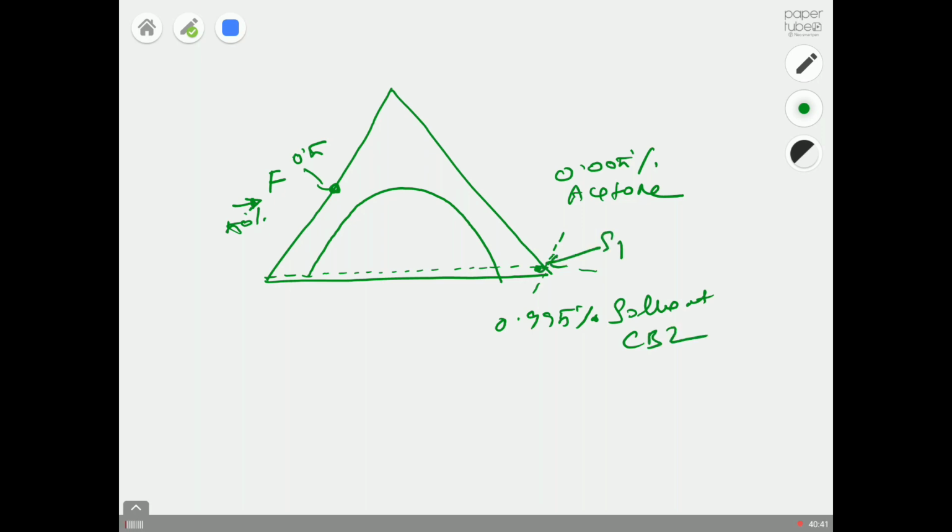So we will connect them, obviously. Our mixing point will be somewhere between here and here. So M, we don't know where it is, and we also don't know where our extract point and our raffinate point are.